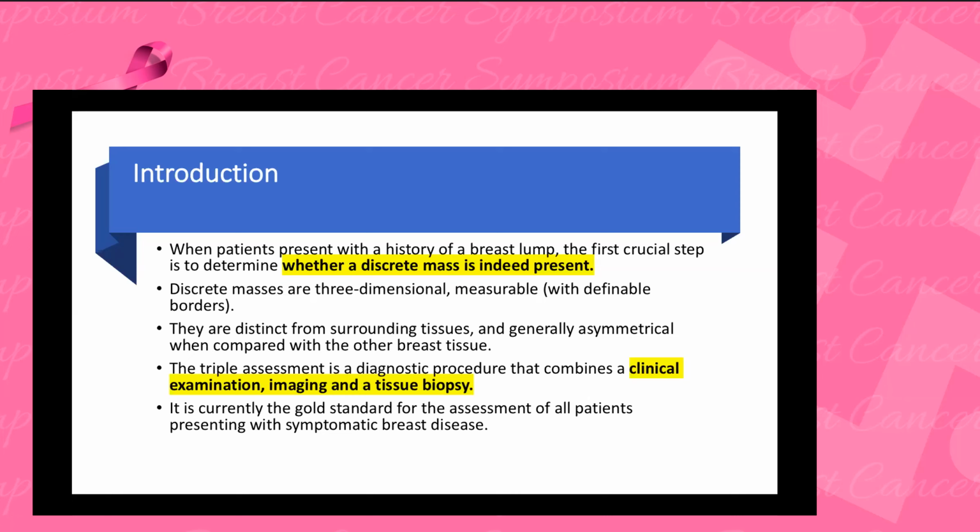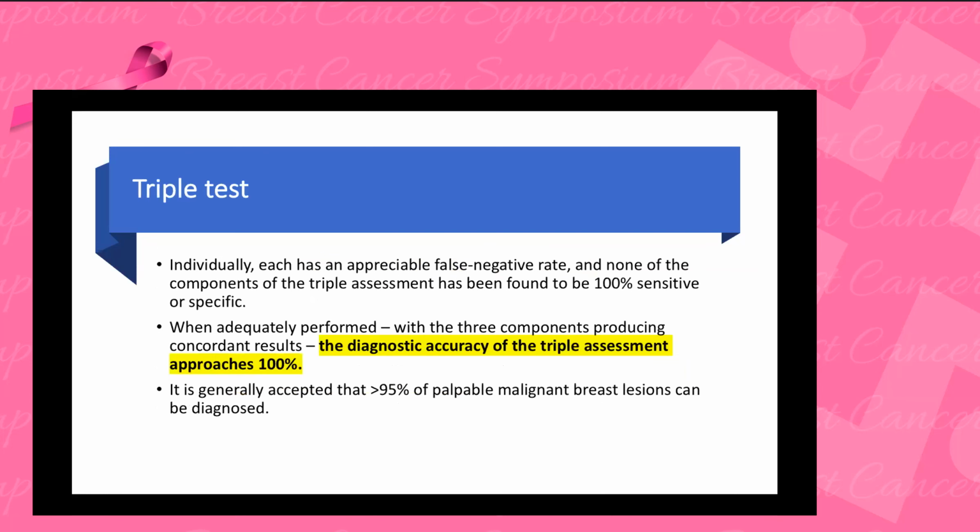Are we on the introduction slide now? Perfect, thanks. Okay, so the triple test is the gold standard for assessment of all patients presenting with symptomatic breast disease. When we look at the triple tests, what is important is that individually the 3 tests all have an appreciable false negative rate. And none of those 3 tests have been found to be 100% sensitive or specific.